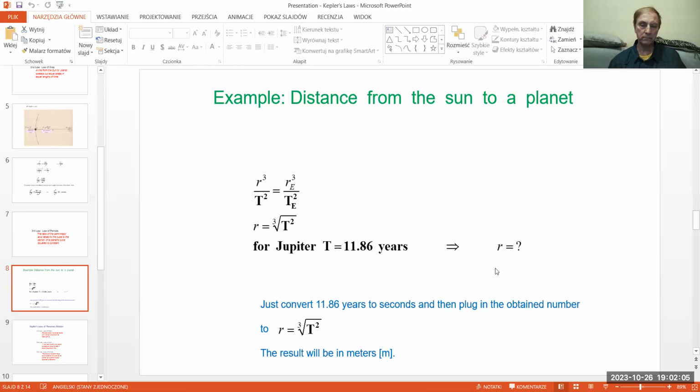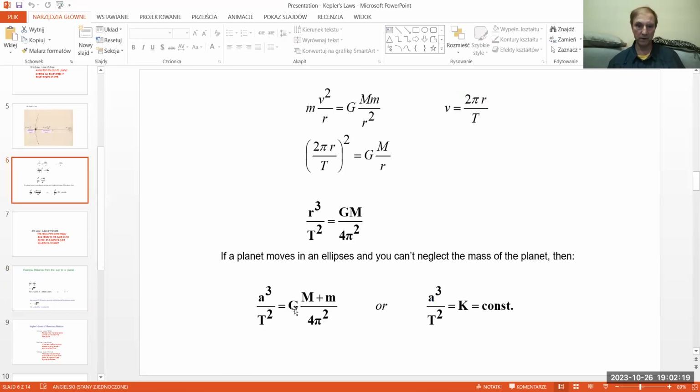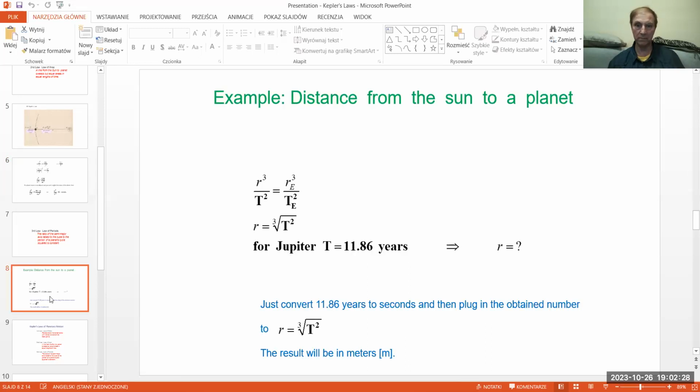If we are speaking about the semi-major axis, then the first thought which comes to our mind is to apply Kepler's third law, because the third law contains the semi-major axis and the period. As it was said, no matter what planet we take into account, the ratio of the semi-major axis raised to the cube divided by the period squared is constant, doesn't change.